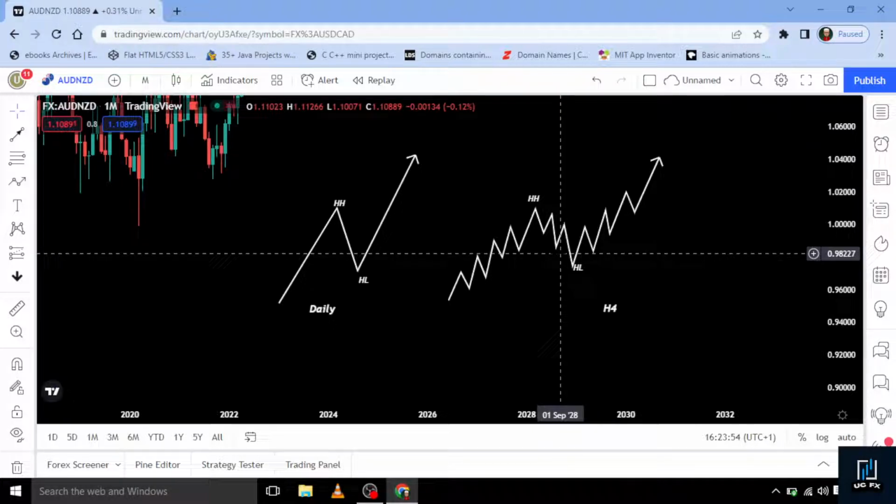And this causes a lot of confusion to traders. So I will teach you how to match these different time frames to be able to capitalize on it and not get confused anymore.